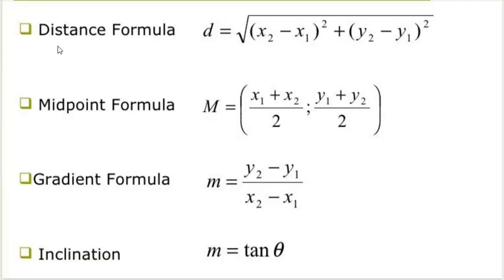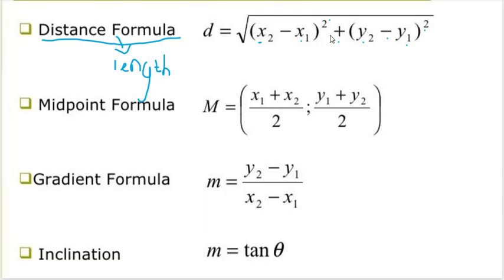Now, in analytical geometry, we have something which we call the distance formula. The distance formula gives us the length. Whenever they ask for the length, just know that you are dealing with distance. The distance formula tells us that the distance is the square root of (x2 minus x1) squared plus (y2 minus y1) squared.